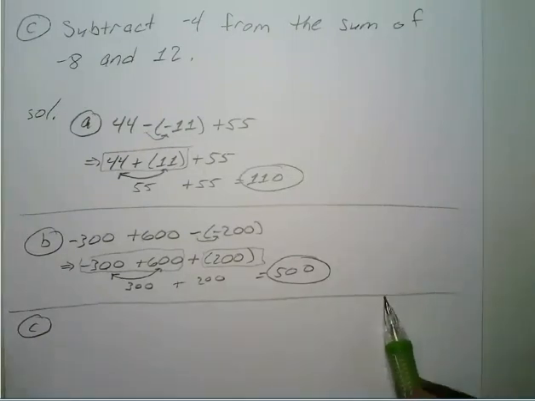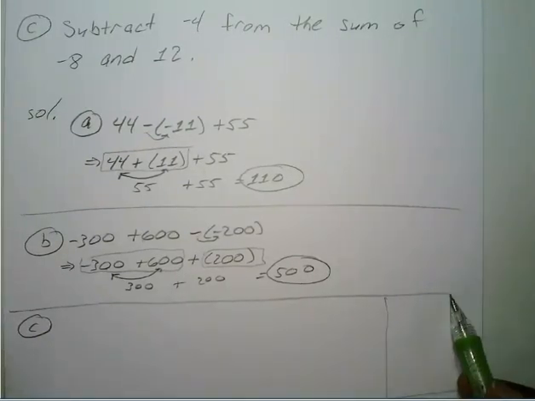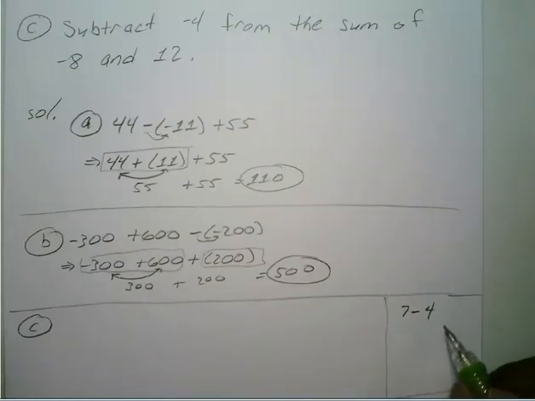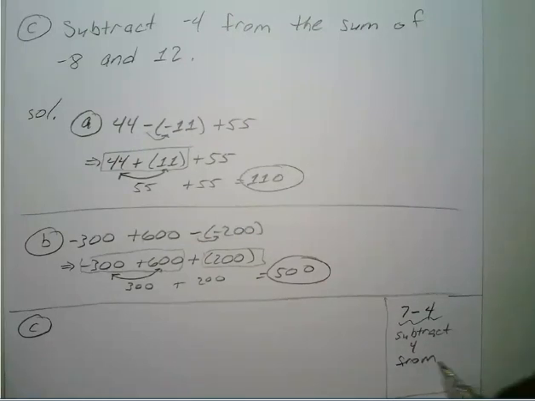Okay, but think about it this way, and this is what I always suggest. If you have 7 minus 4, what you did here was you subtract 4 from 7.